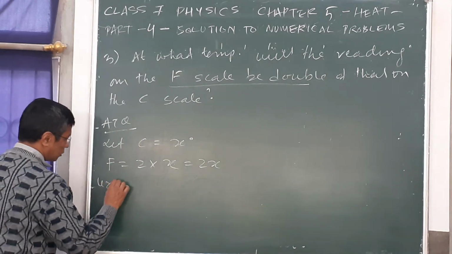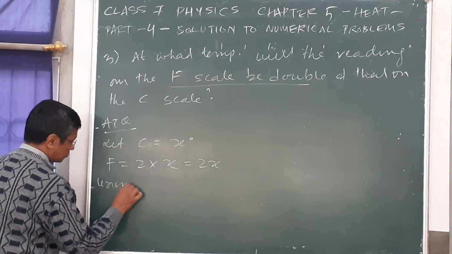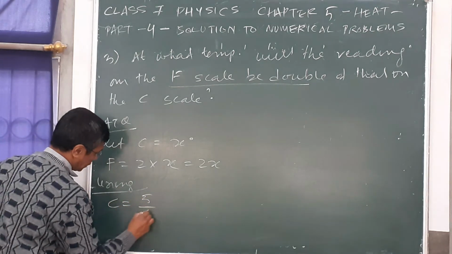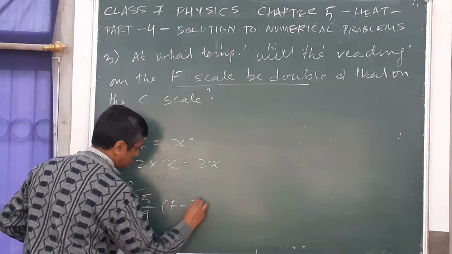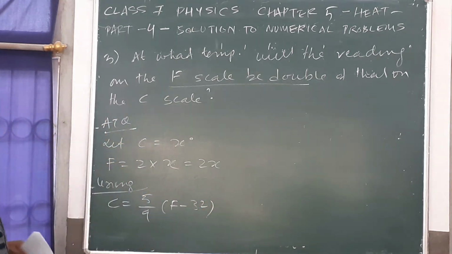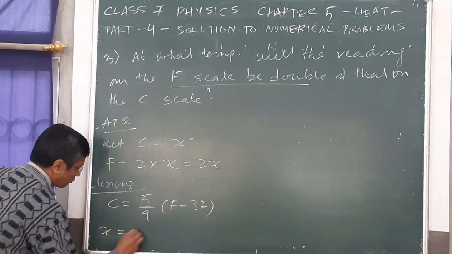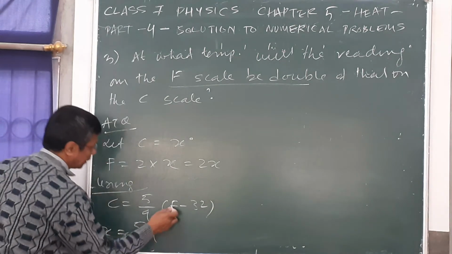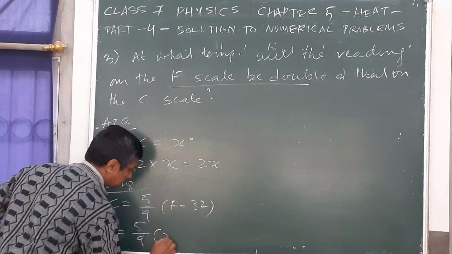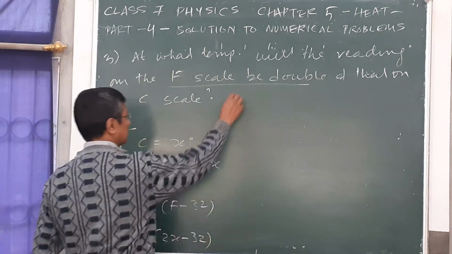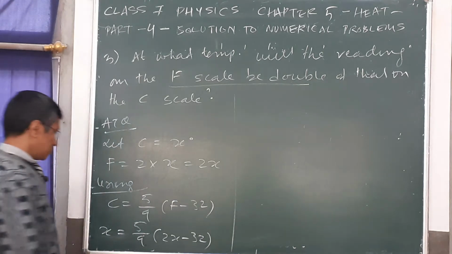So, using the formula C is equal to 5 by 9 into F minus 32, we will substitute the values in terms of x. In this case C, which we have taken as x, is equal to 5 by 9 and F we have taken as 2x, minus 32. Now, we will simplify this and try to determine the value of x.